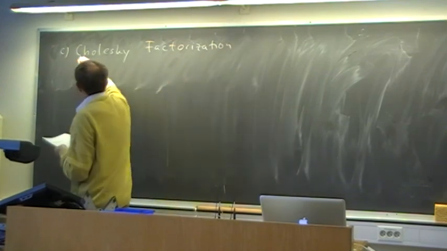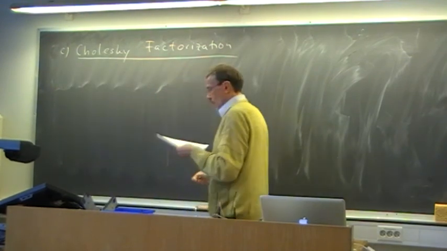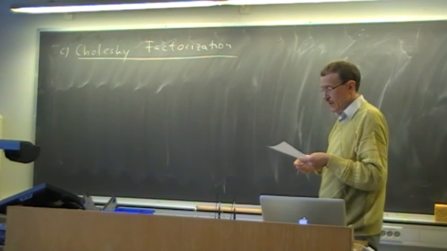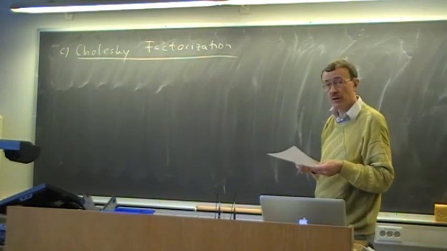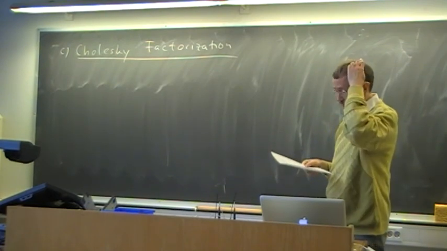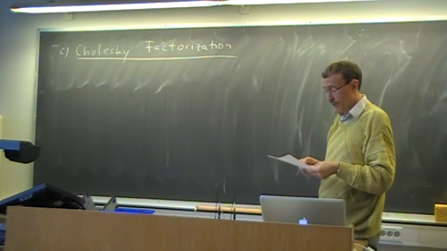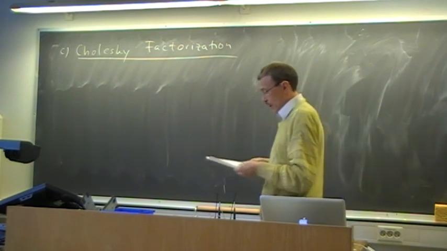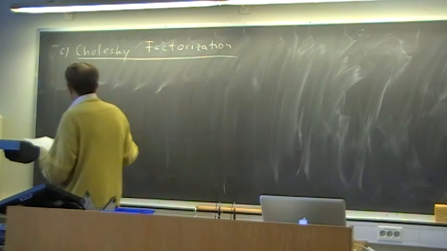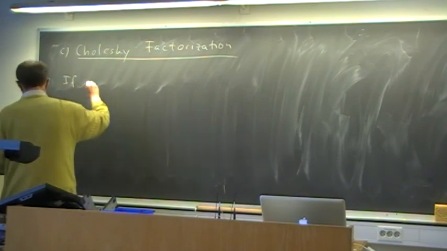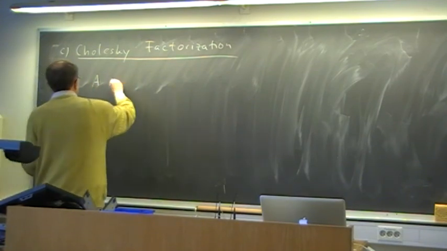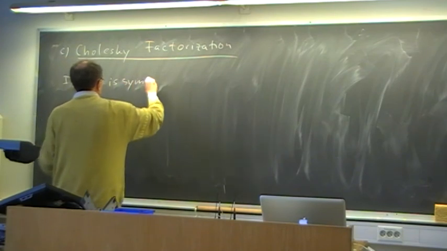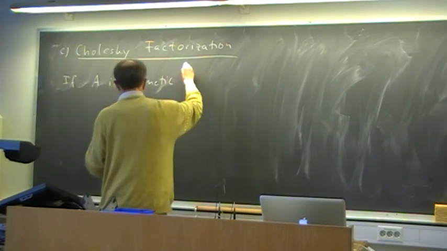That is called after André Louis Cholesky, French officer and mathematician, who died shortly before the end of World War I. And there we need that A is symmetric, so that is what we have in our case.